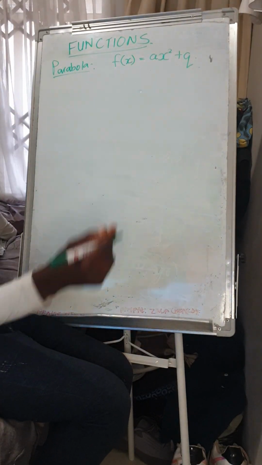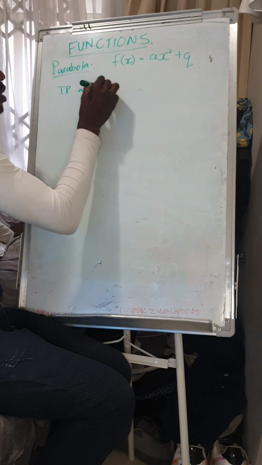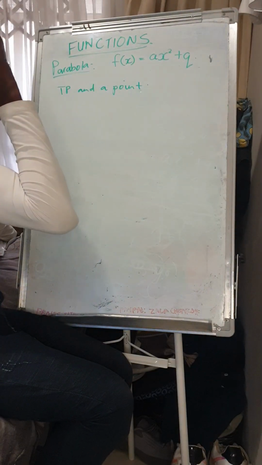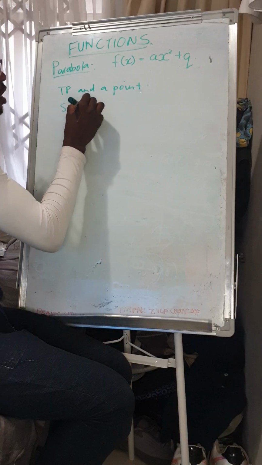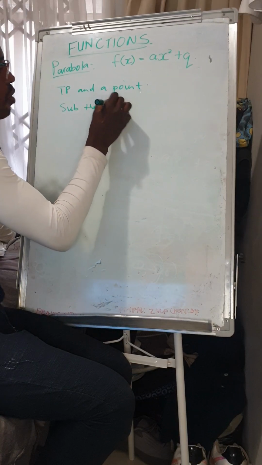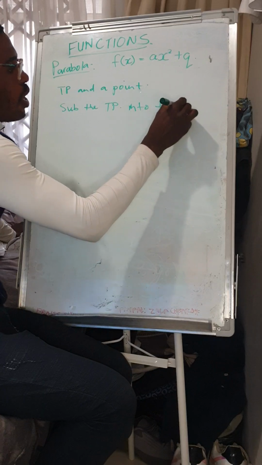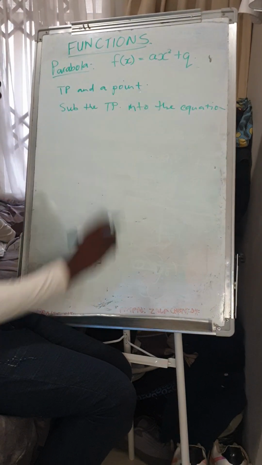We say there are two cases. In the first, you're given the TP and a point, such that you are going to substitute the TP into the formula that you're given.